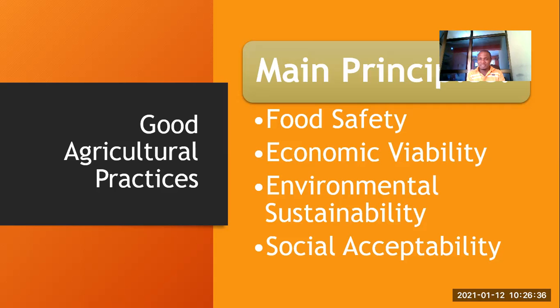Then social acceptability. Whatever you are doing concerning good agricultural practices, social acceptability should also be an important factor to consider. When we talk about social acceptability, we are talking about things like workers' health, safety and welfare, as well as the community in which you are carrying out your operations.